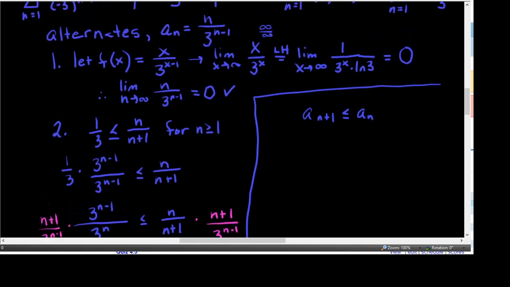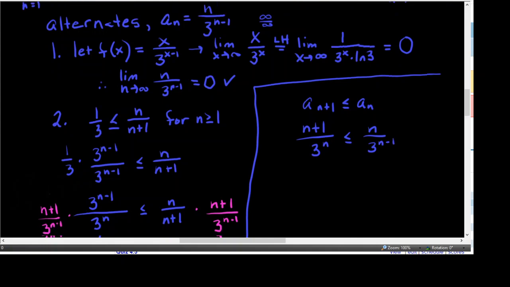Take your a sub n statement and substitute n plus 1 in for each n. So that'll become n plus 1, 3 to the n plus 1 minus 1 ends up simplifying to be 3 to the nth. And then a sub n, of course, is n over 3 to the n minus 1. So that's what we want to have happen.